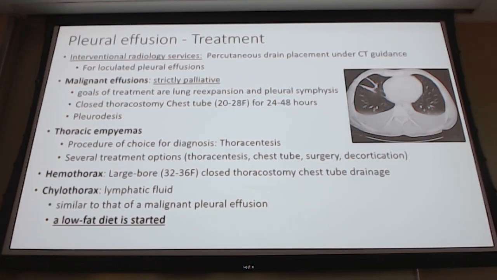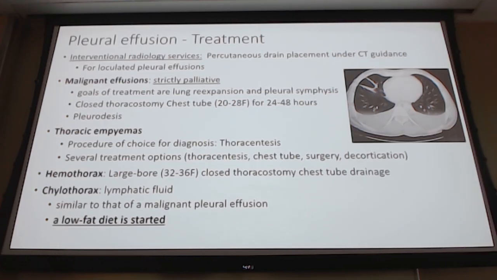If it's really, really bad, we can put 2 chest tubes in and do what's called an irrigation, where one tube has fluid going in, and the other tube has the washout going out of it. Okay. We can do surgery, either VATS or open thoracotomy, to try to wash it out. And again, the decortication, going in and trying to take out that abscess rind of the chest. And then doing pleurodesis to try to get that lung to stick so it doesn't happen again.